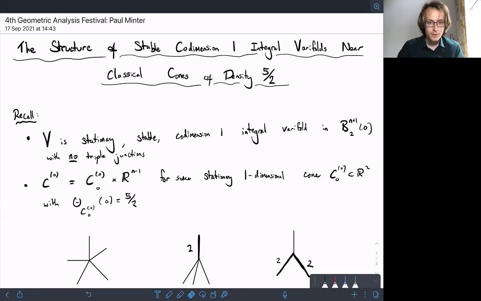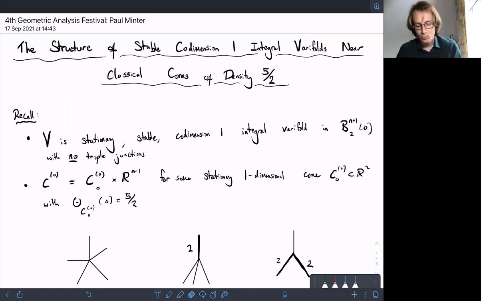So this talk is about the structure of stable codimension 1 integral varifolds near classical cones of density 5/2. The setup from the last talk was that we work with a stationary integral varifold, which we assume is codimension 1, stable.